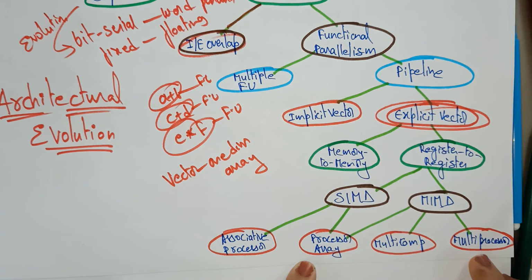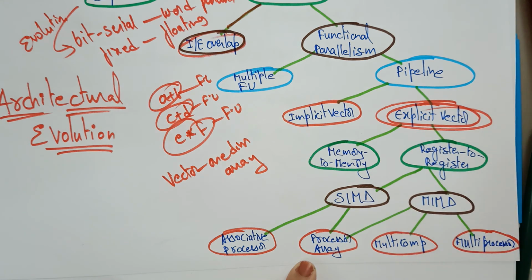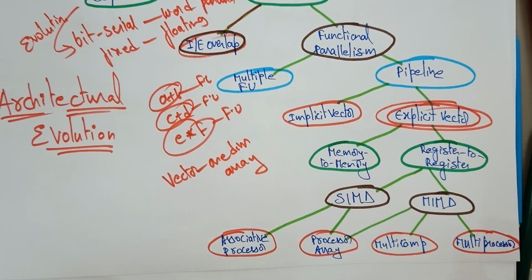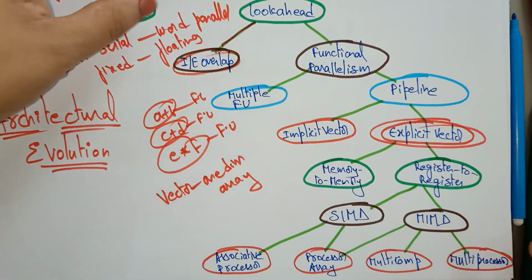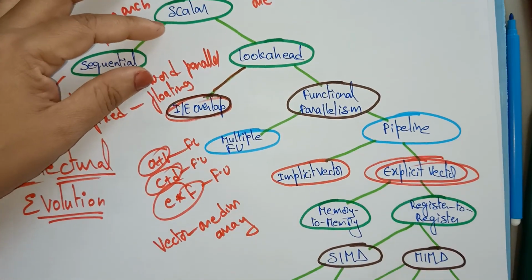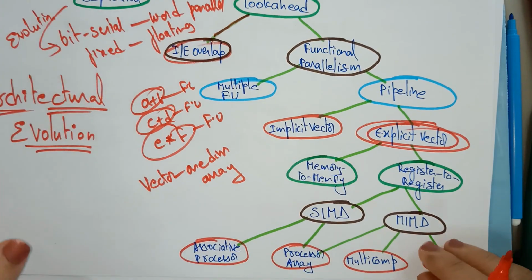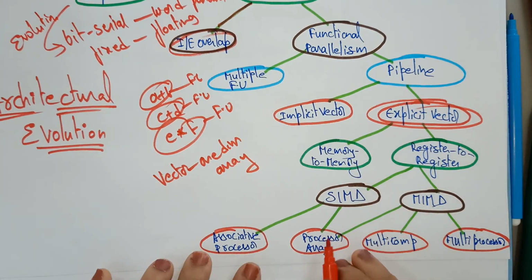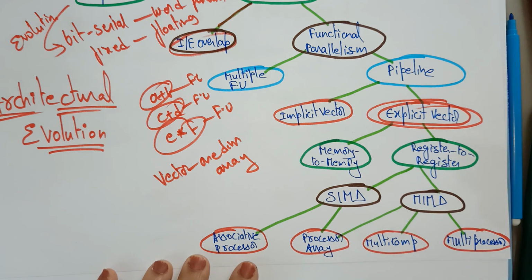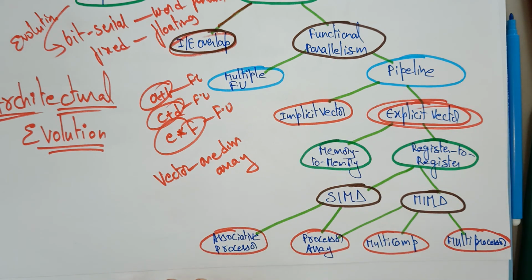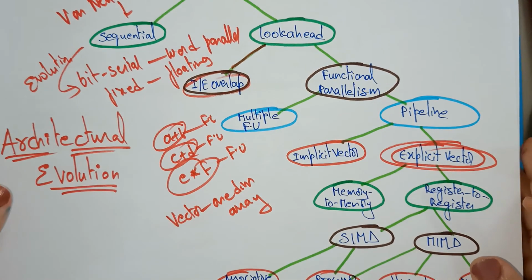So this is the architecture evolution. From the starting scalar data, the evolution changes to multiple instructions operating on multiple data. So this is about the architectural evolution, students.